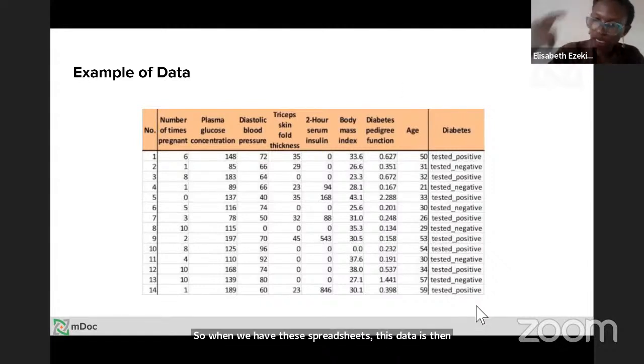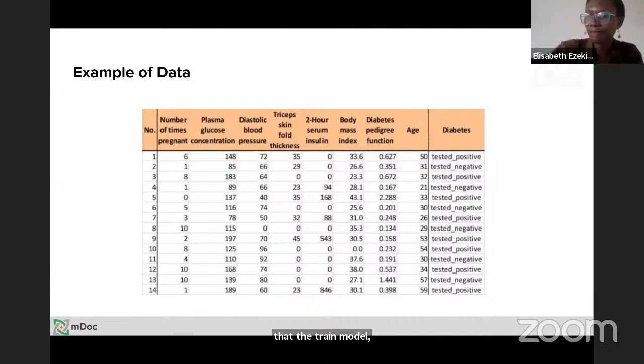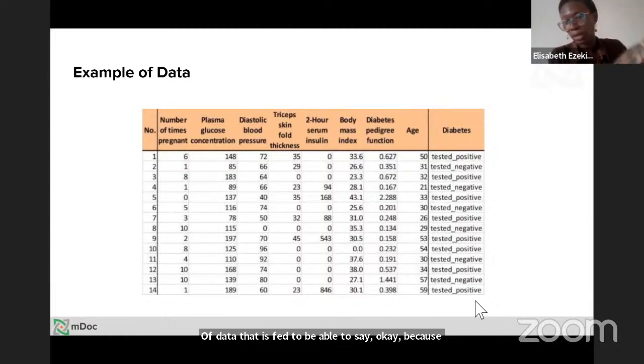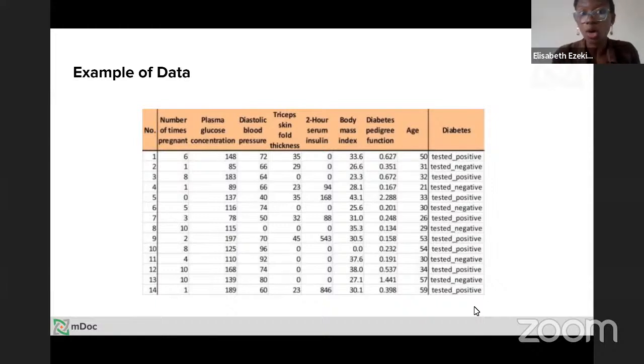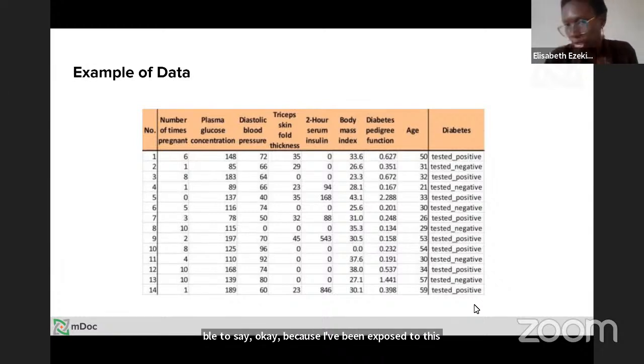And then it undergoes an evaluation process so that the AI program is then able to identify similar patterns of data that is fed into it, to be able to say, okay, because I've been exposed to this particular training data, I have observed that when a patient stands at risk or can test positive for diabetes, or a patient is of this age, the patient is predisposed to this chronic condition.